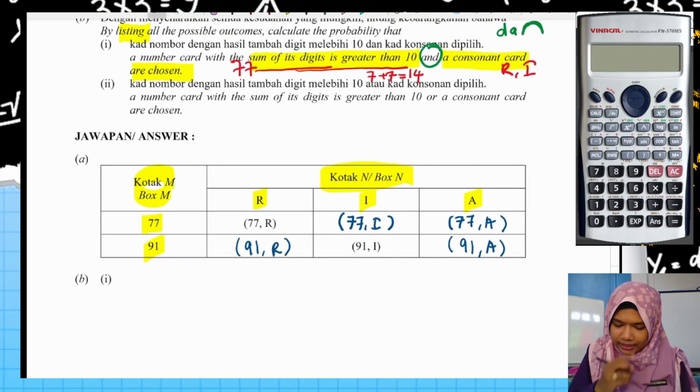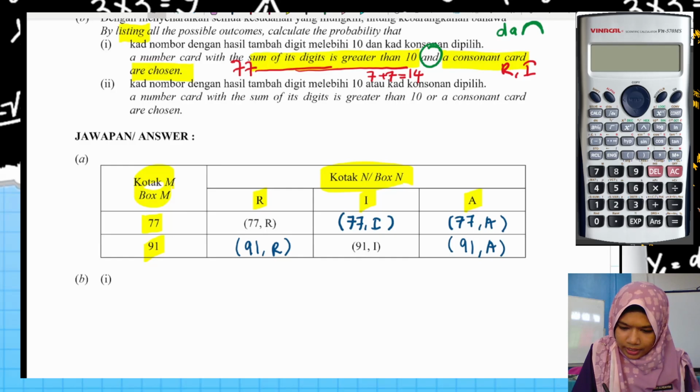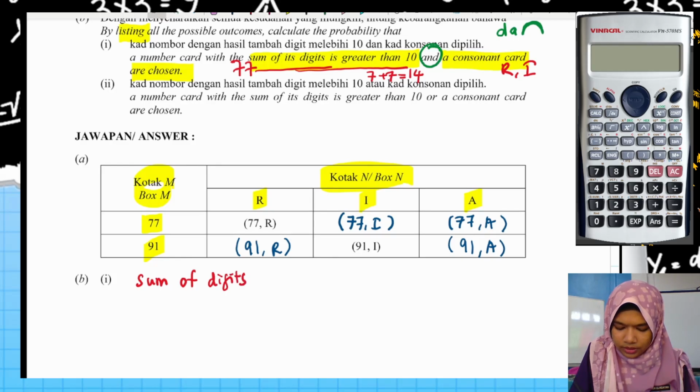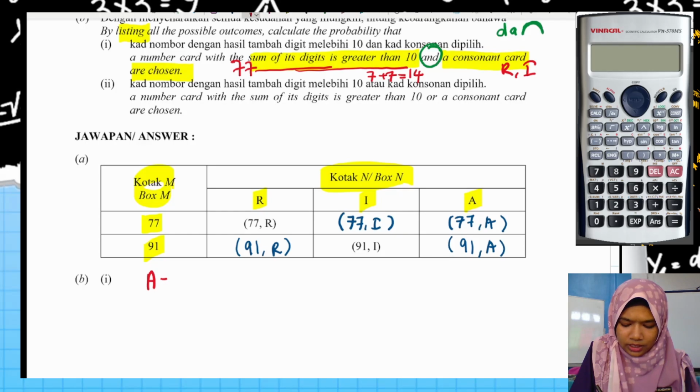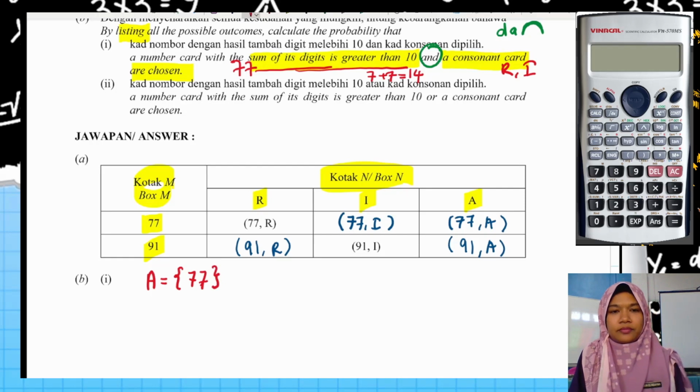So, sum of digits, ataupun kita letak A lah nah, panjang sangat je aku nak tulis. Event A. Event A is 77. Okay, 77.